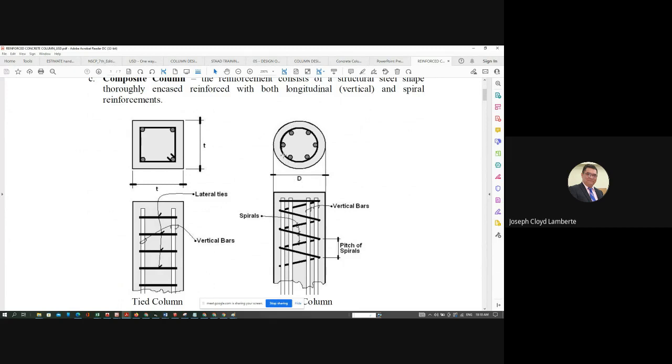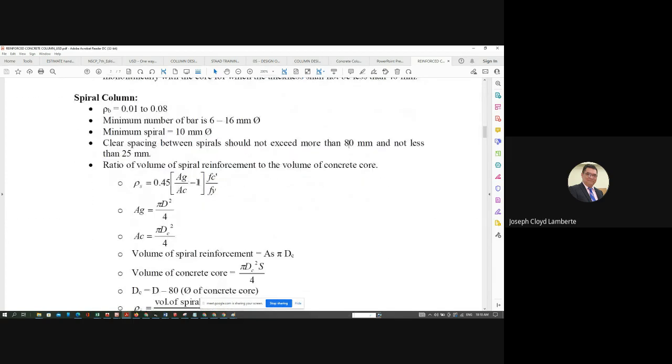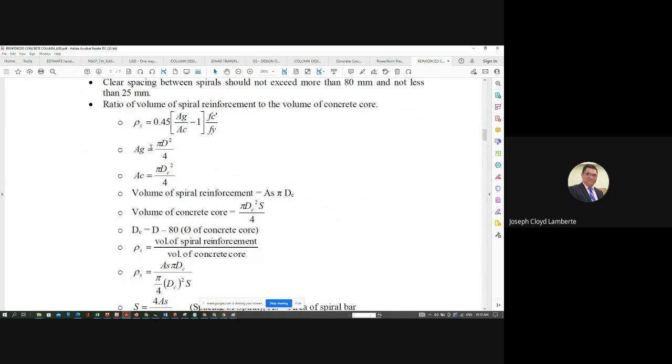But the core area uses the diameter of the core, D sub C, times the ratio of your fc prime over fy minus 1. So the gross area is pi D squared over 4, while the area of the core is based on D sub C. The volume of the spiral reinforcement is AS times pi times DC.